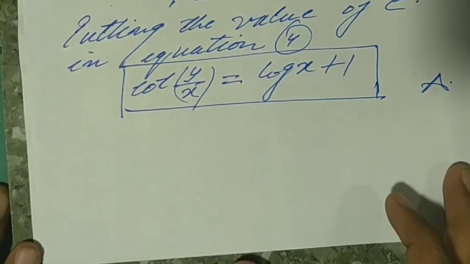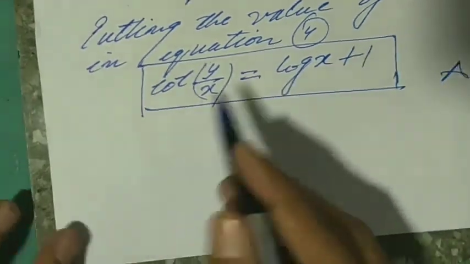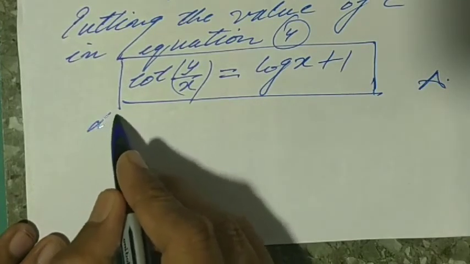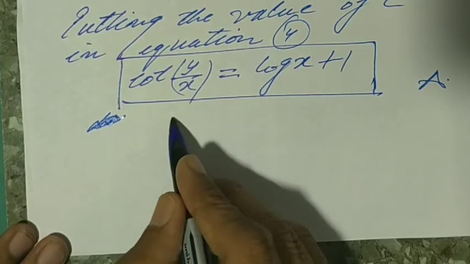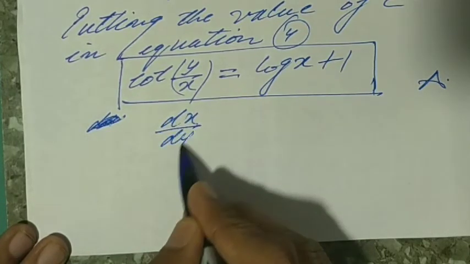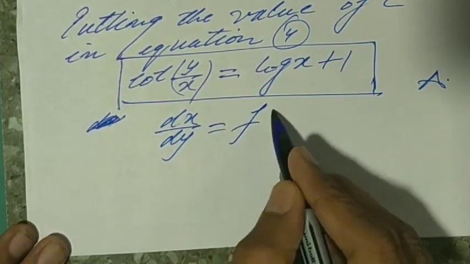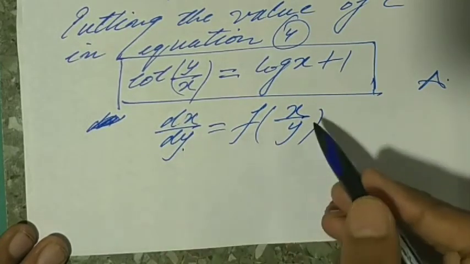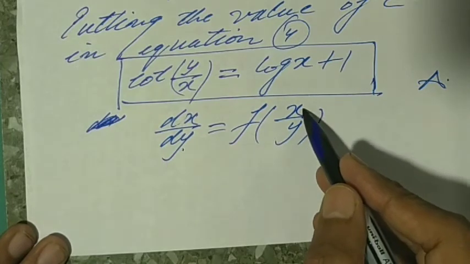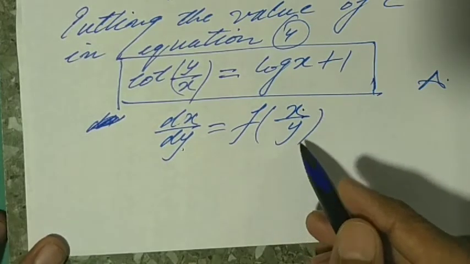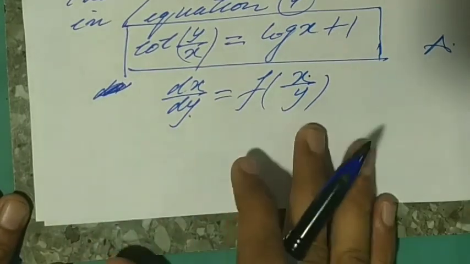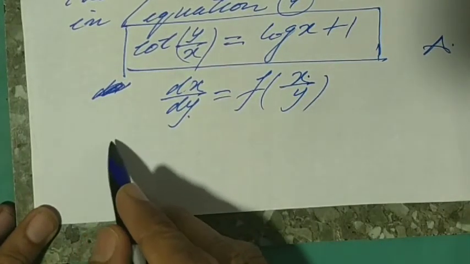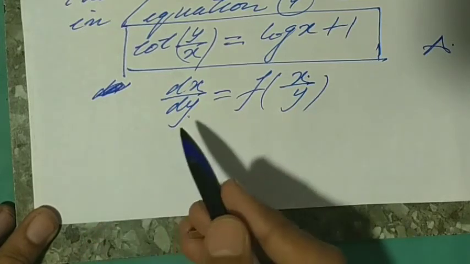Now I would like to say a few words about the second form, which I told you initially, that you may also write the homogeneous differential equation as dx upon dy is equal to f of x upon y. If there is dx upon dy, then the function should be written in terms of x upon y instead of y upon x. So there is no difference in these two forms, except a very small difference, and you can understand the algorithm is the same.